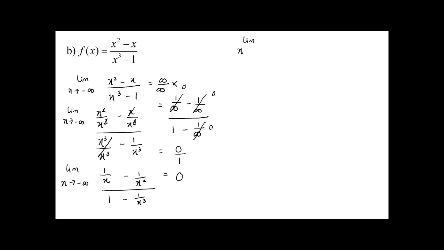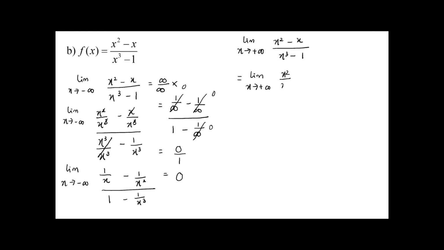Now, just perform the same step, but we have to do it for x approaches positive infinity of our function. Every single step would be the same. Basically, in this case, I just copy it back.